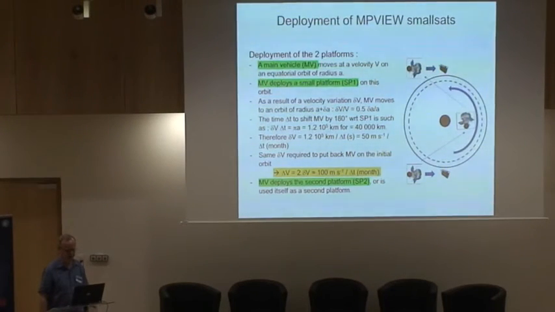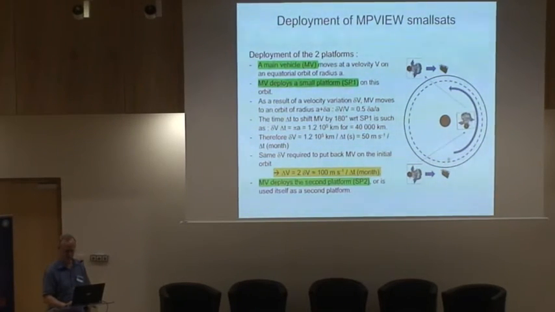So we have made a small calculation, it's approximately that. So let's assume that the main orbiter deploys the first small sat here. After that, the main orbiter is moved to a slightly lower orbit in order to have a differential velocity.